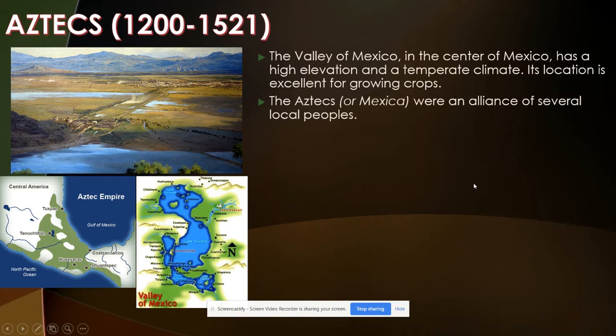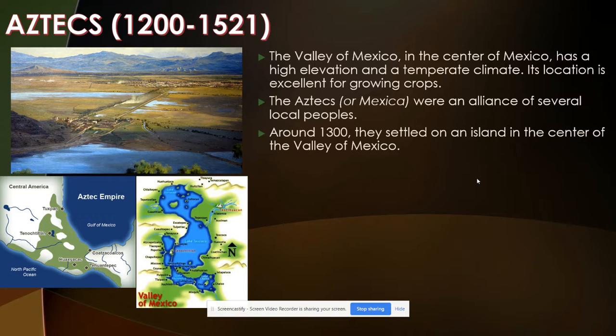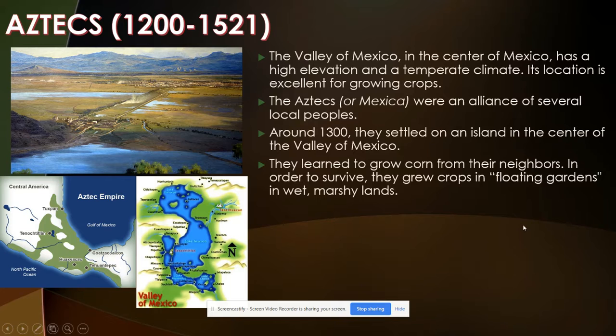The Aztecs were actually an alliance of several different local people to start with. And around 1300, they settled on the island in the center of the Valley of Mexico. They learned to grow corn from their neighbors in order to survive. They grew crops in floating gardens. Okay, so these are wet, marshy lands that they actually lived in to start with.